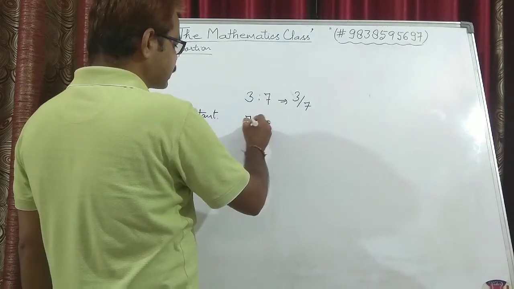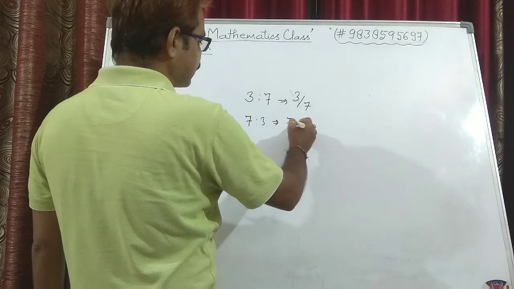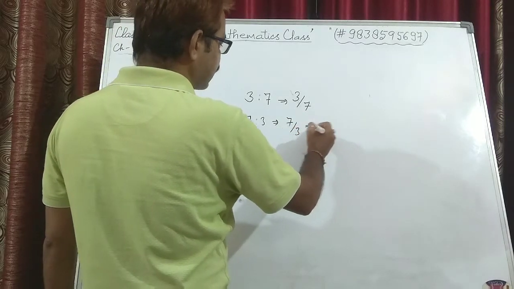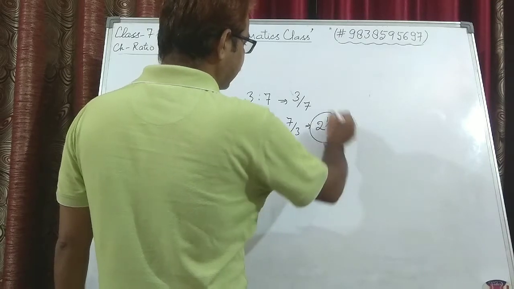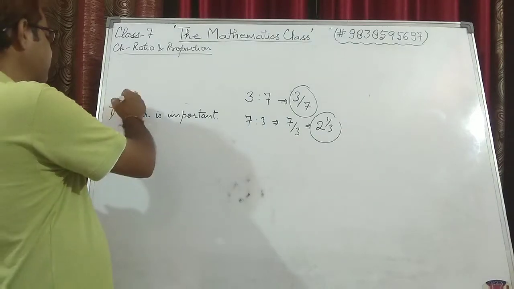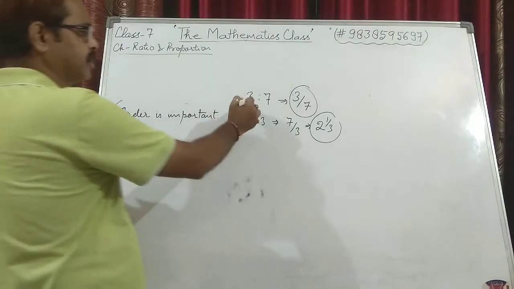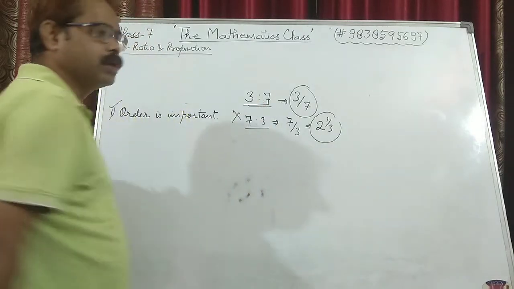But if I write 7 is to 3, it is entirely different. It is 7 upon 3. This value and that value are different. So the first thing we need to remember is that order is important. 3 is to 7 cannot be written as 7 is to 3.